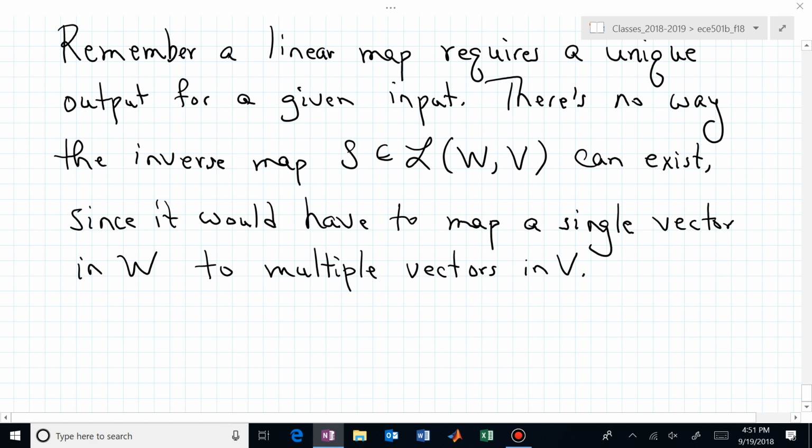So an invertible map has to be injective, is what that's supposed to be giving us the intuition on.